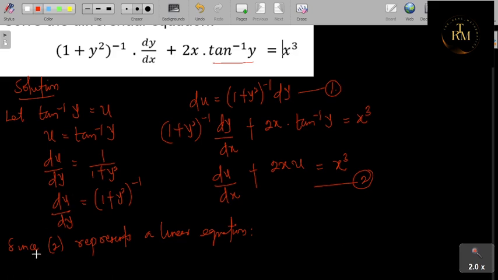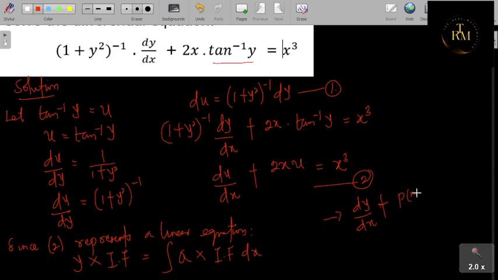what's the formula saying? You have y times the integrating factor equals the integral of q times the integrating factor dx. The standard linear equation has this particular form: dy/dx + p(x)y = q(x). So the q here represents the x³, you can see here.